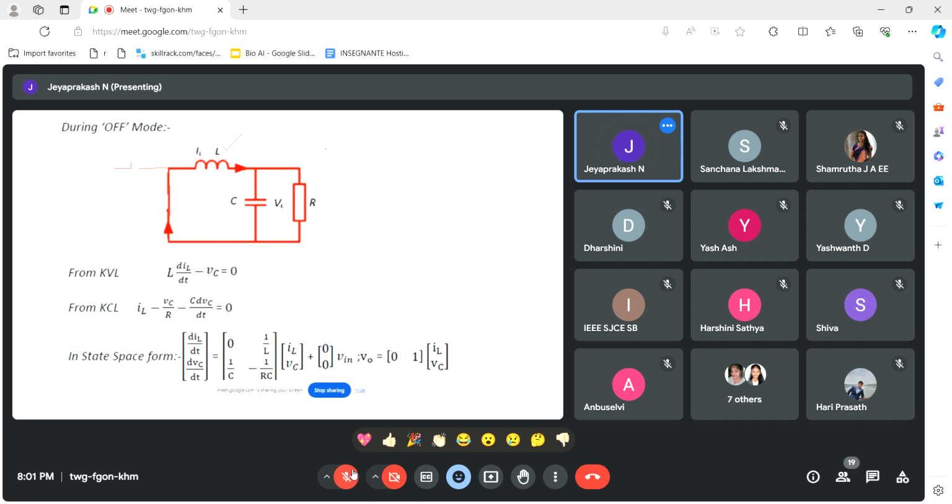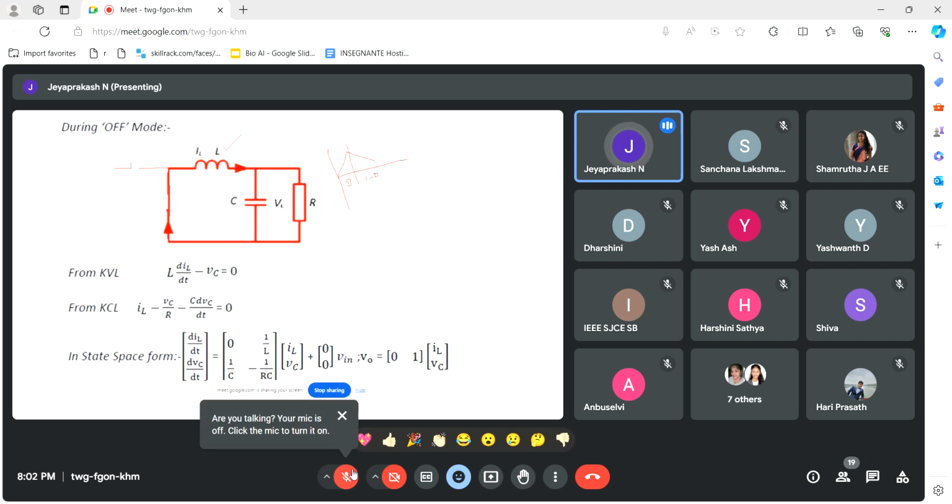If we draw the waveform, during the switch on period the inductor will be charged, and during the switch off period the inductor will be discharged. Okay. So this is for D. D means the switch on period, and 1 minus D means the switch off period.